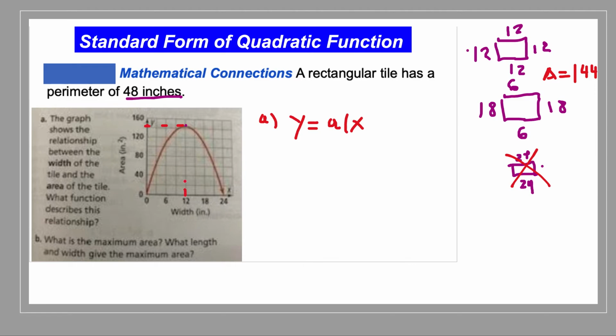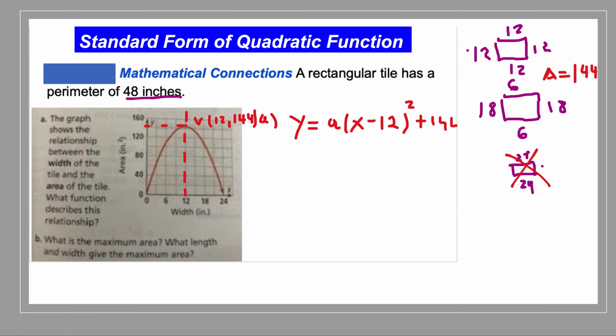I know the axis of symmetry is going to be at 12, so x minus 12, because the parent function moves 12 units to the right, and this is squared. Plus k is the y-coordinate of the vertex, which is at 12 and 144. This is the vertex, and here is 144.